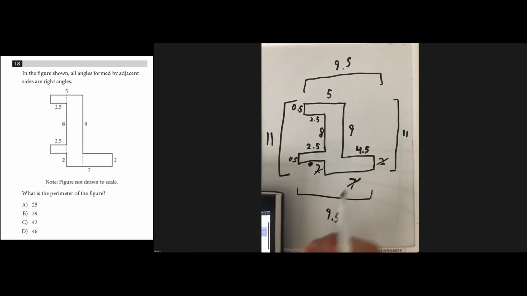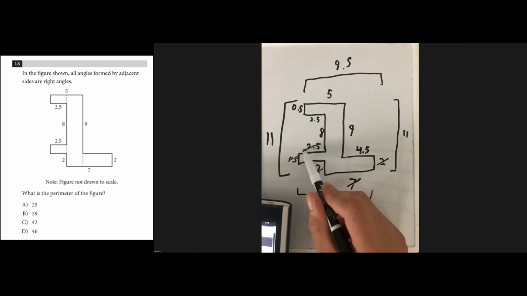Should be like here, and then plus the 0.5, plus 2.5, plus 8, plus another 2.5, plus 0.5, plus 5, plus 9 plus 4.5.